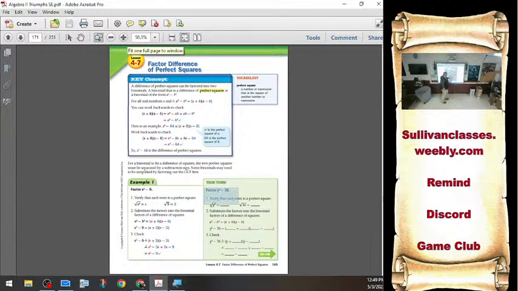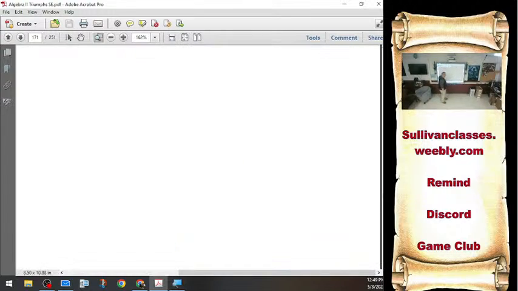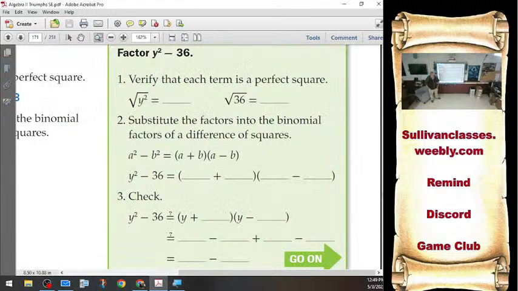All right, so come on down here. Factor that. Well, are A and C perfect squares? See how they're, what number is in front of this? Okay, 1 is a perfect square, 36 is a perfect square.